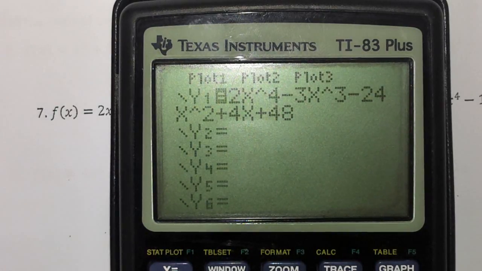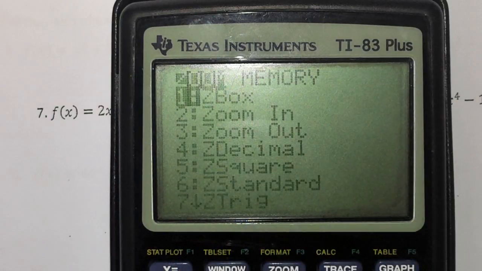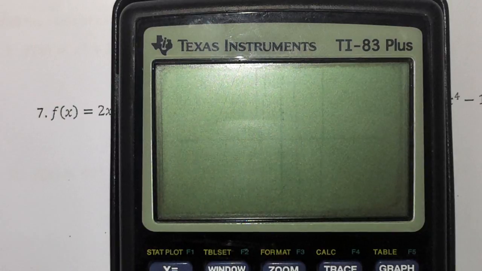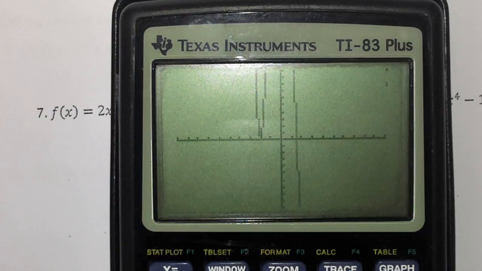Are you sure? You did 2x to the 4th minus 3. What's your zoom set on? Are you zoom standard? Yeah, you want zoom standard. Zoom fit's great, but if we're trying to specifically see where stuff's crossing the x-axis, zoom standard is the way to go.